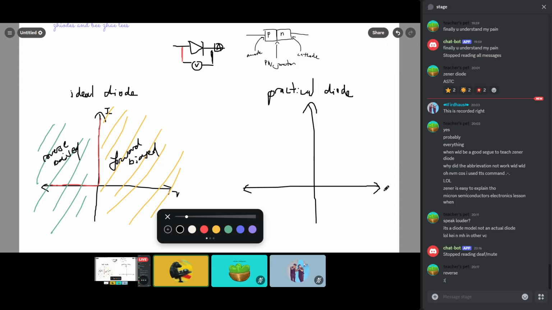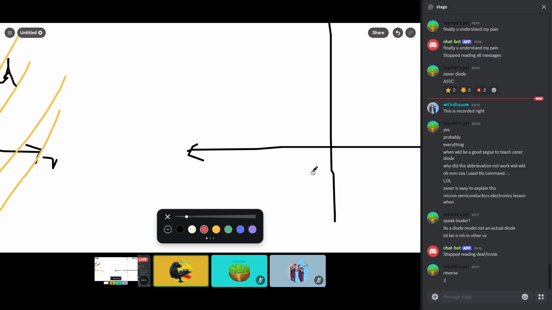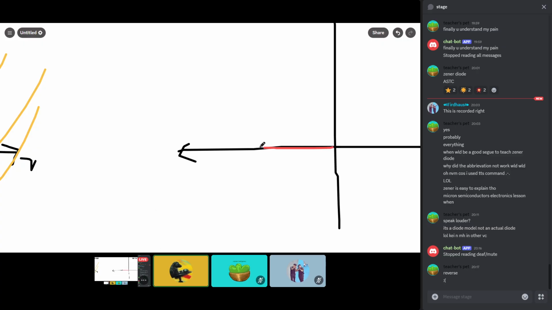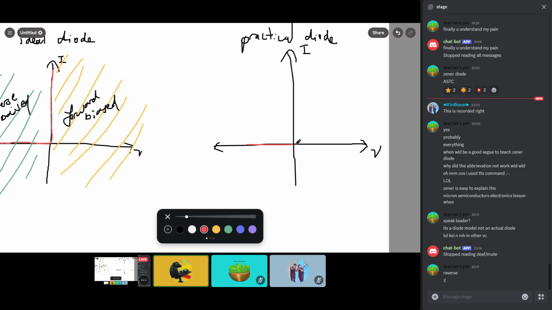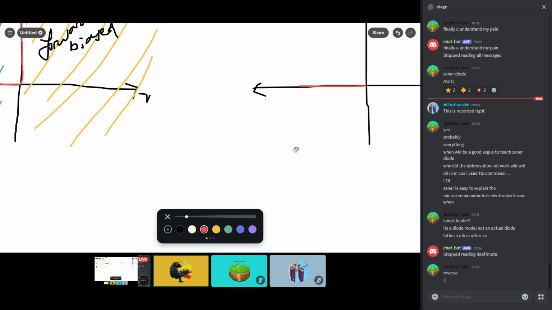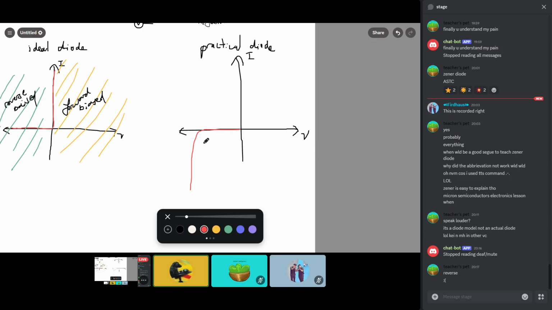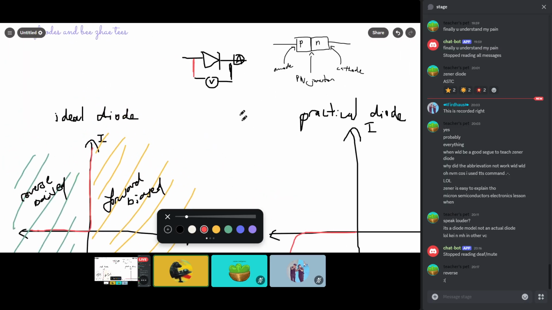Let's start when the voltage is negative. So in a practical diode, we can actually say the same. When the voltage is negative, the current will actually be very low, to a certain extent. If the voltage is negative enough, low enough, the voltage will actually break down, allowing a massive current to flow in the opposite direction.